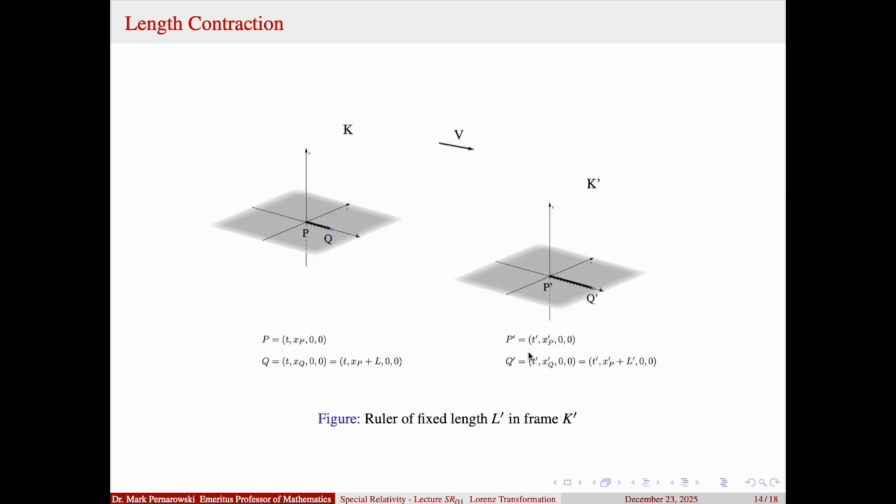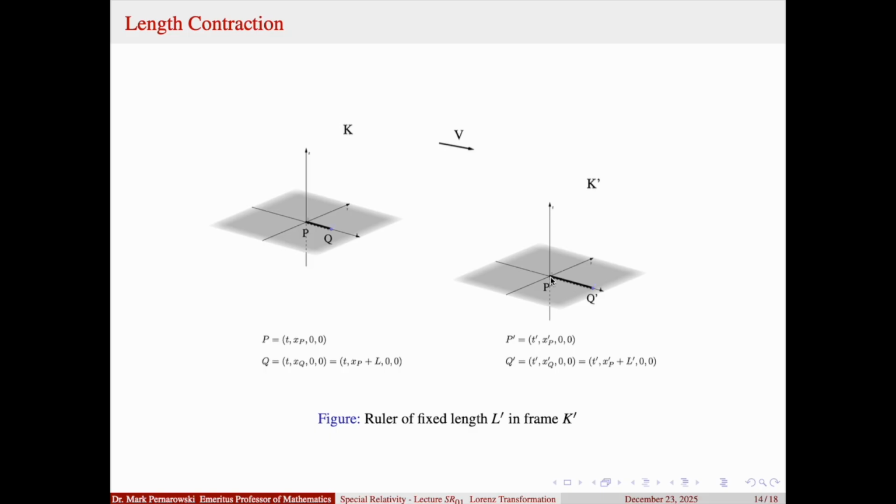Let's talk about length contraction. Now that we have the Lorentz matrix, we can derive the length contraction formulas that one commonly sees in special relativity. How do you do this? Imagine a scenario where you have a ruler in K prime, and the ruler sits on the x1 prime axis as it's drawn here.